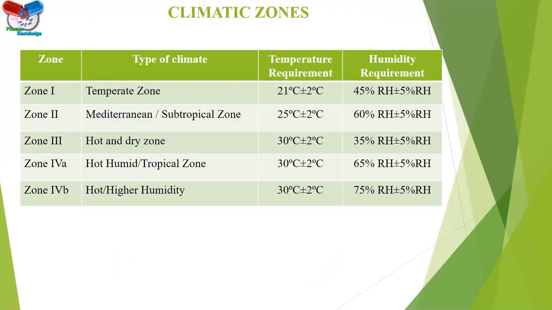Zone 3, hot and dry zone, where the requirement is 30 degrees centigrade and 35% RH. Zone 4A, hot, humid, tropical zone, where the requirement is 30 degrees centigrade and 65% RH. Zone 4B, hot and higher humidity, 30 degrees centigrade and 75% RH. So this is the division of the zones.